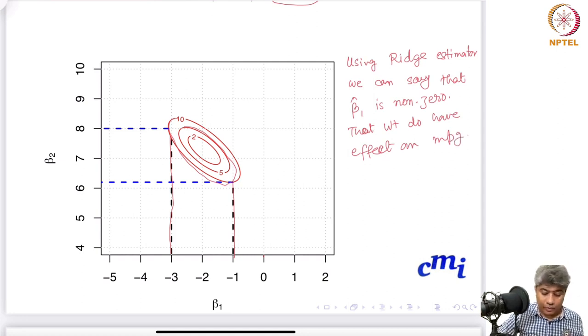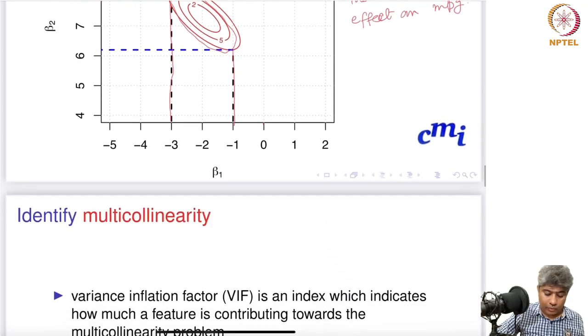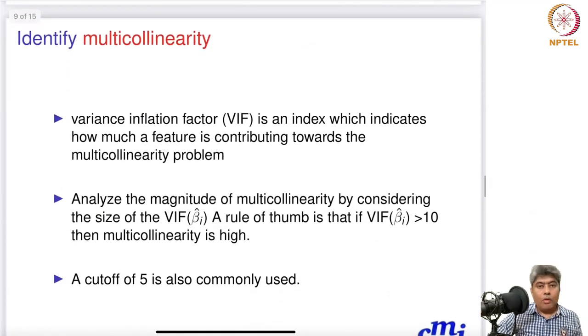Okay. So I hope the concept of multicollinearity is clear now.